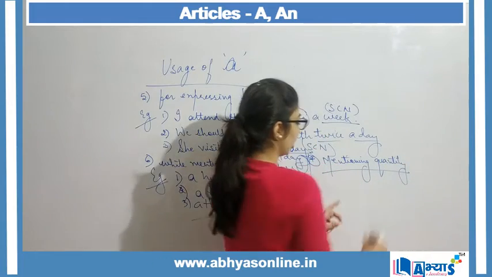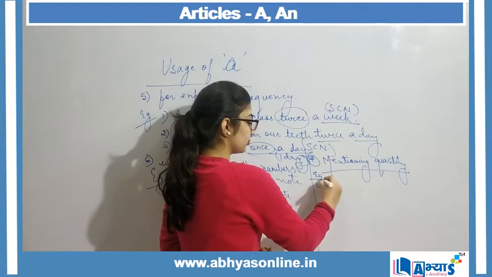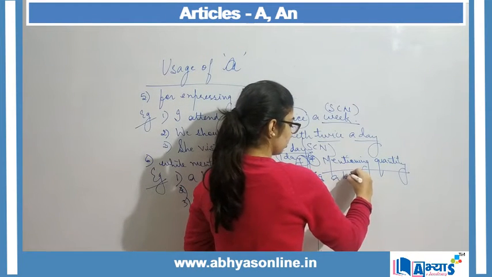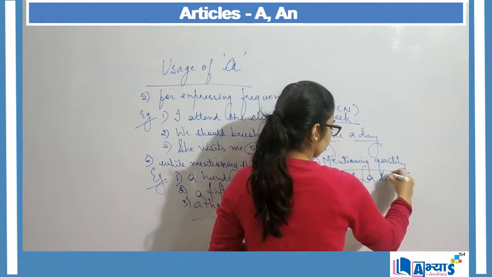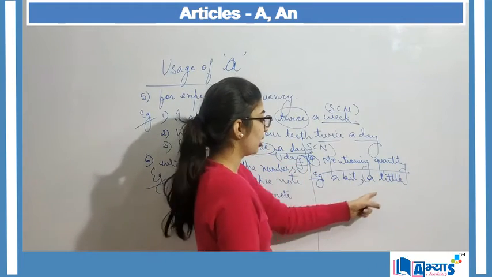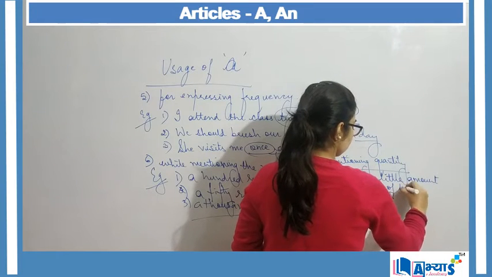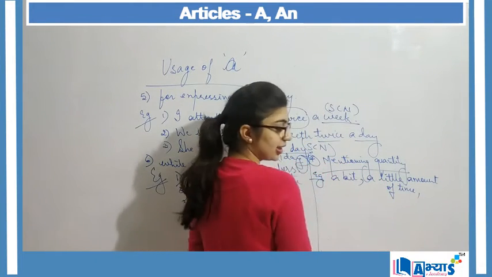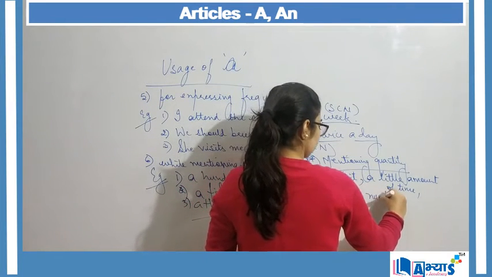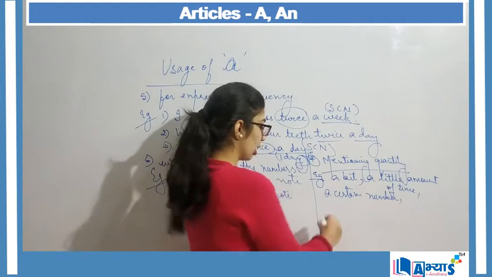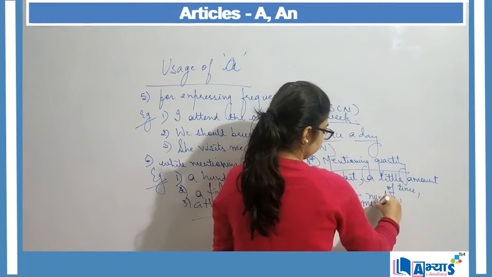So even for mentioning quantity, we can make use of the article a. Examples can be a bit, a little, a little amount of time, a certain number, a small memory.